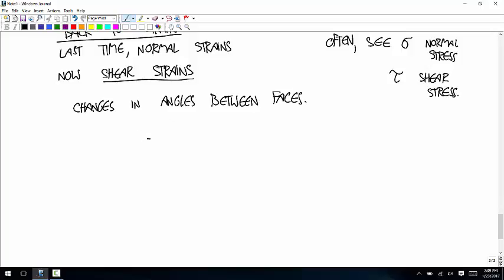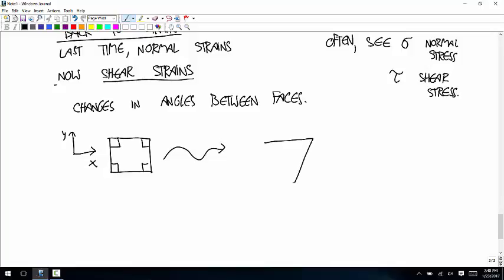So, for example, if this is the element you're looking at, and all of these are right angles before the deformation, after the deformation you could have something like that.